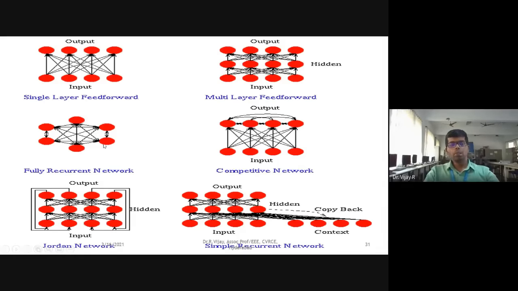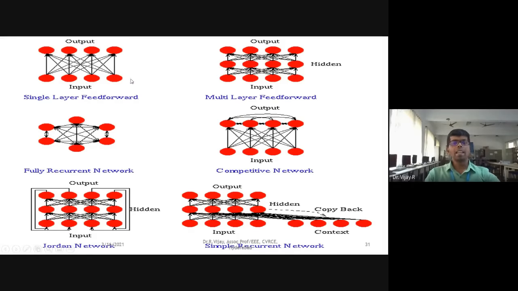And fully recurrent and the others are the different networks that we follow in ANN. Based on the application, you choose your own network, so that solving the application might be very easy.